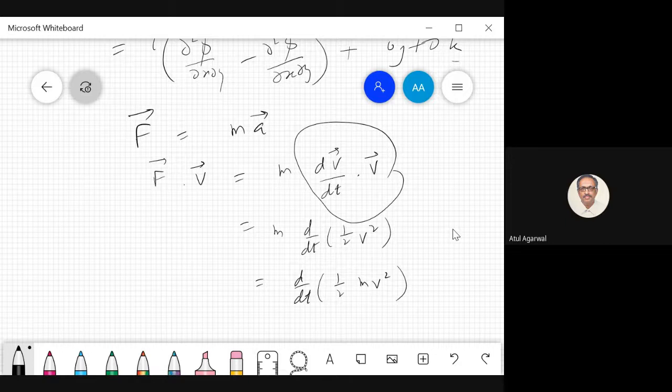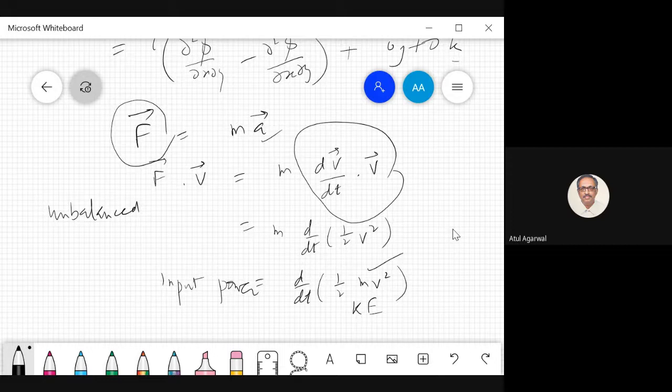So see, the time derivative of kinetic energy is equal to power input. This is your input power, force dot product with velocity. So if there is any unbalanced force, unbalanced force causes acceleration. So whenever you have unbalanced force, you generate kinetic energy.